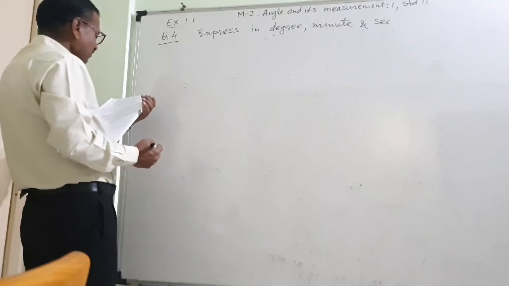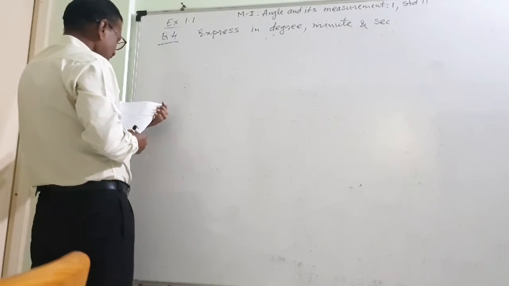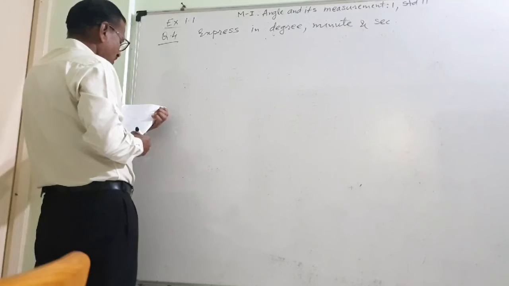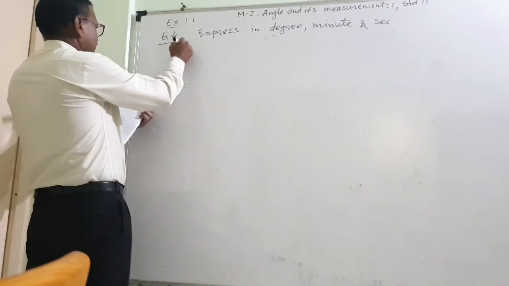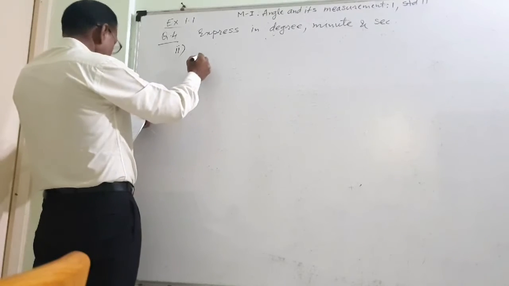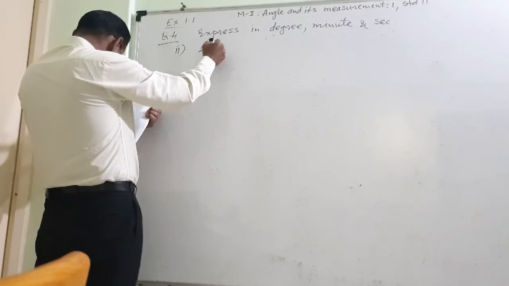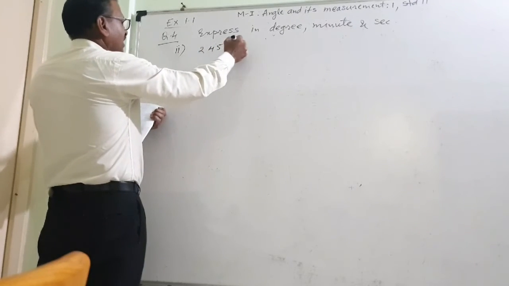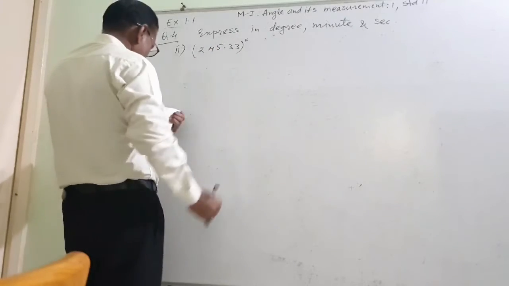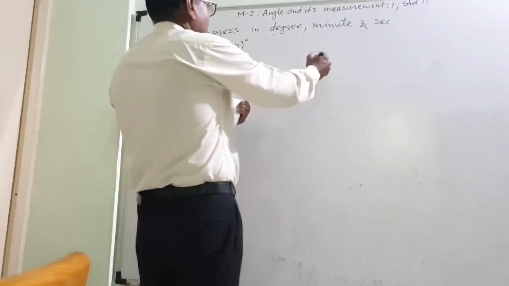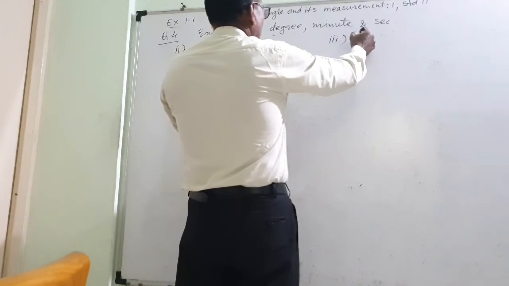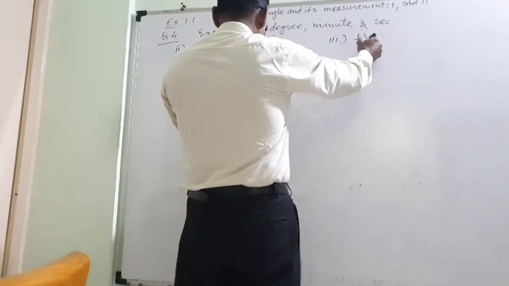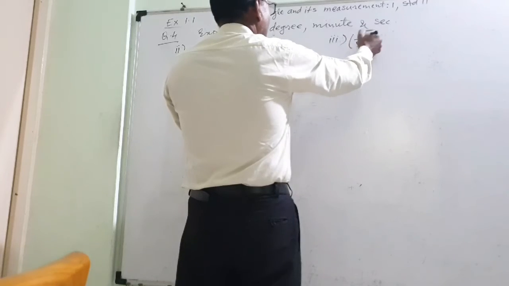Out of that, I will take the second one, 245.33 degree. And the third one also we will consider, 1 upon 5 radian.